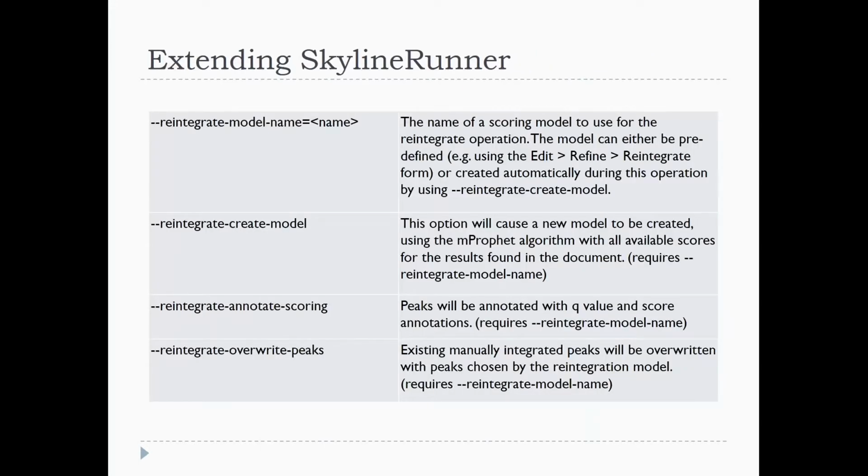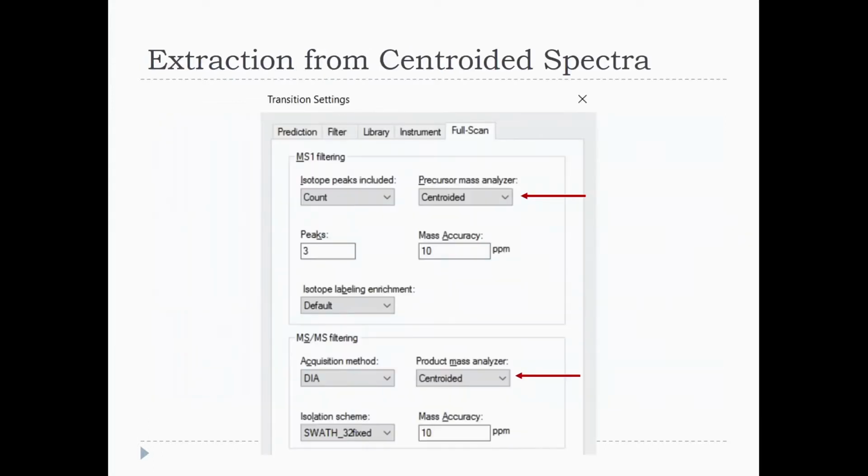I also added something called SkylineRunner. If you come to the morning sessions, you'll get to use SkylineRunner. I was doing all these analyses by hand, got really tired, and wanted to go to sleep and let Skyline figure it out. So I added these, which allow me to set parameters dynamically.